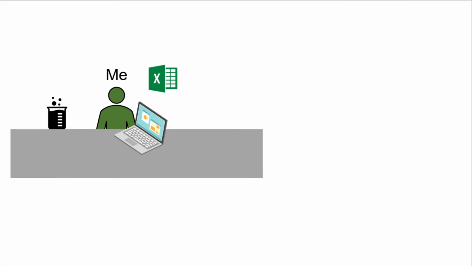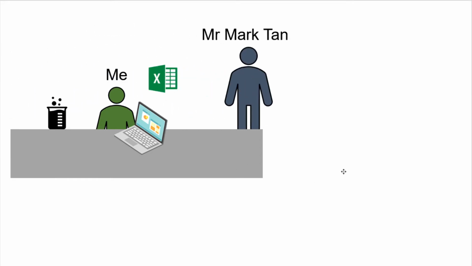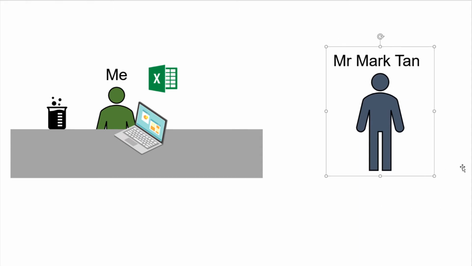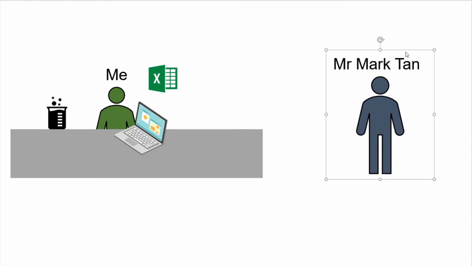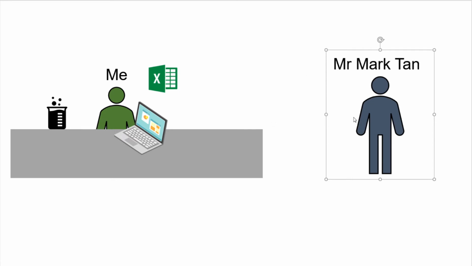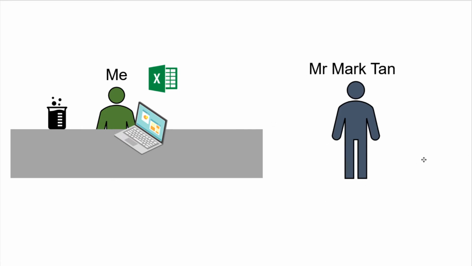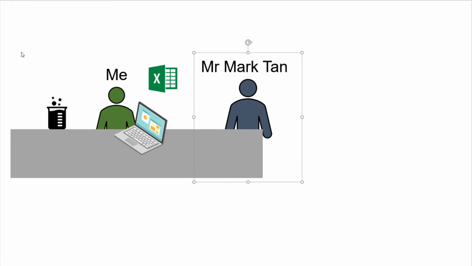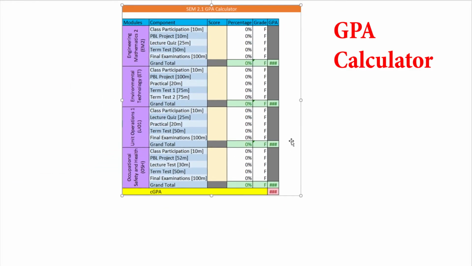During our flex week they would also invite lecturers such as Mr. Maktan, who would teach us some of the commonly used Excel functions like sum, average, VLOOKUP. With all these basic Excel functions, you can start your own projects and build things like this, a GPA calculator.